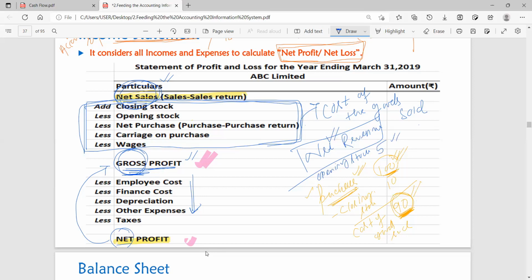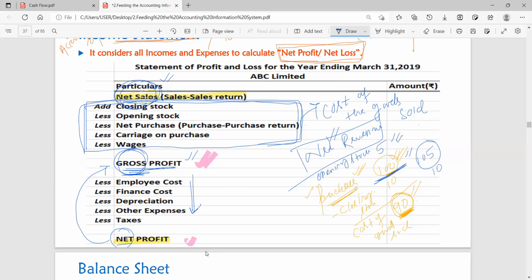Now we purchased 100 worth of goods during the period, let's say a month. So the total cost of goods available for sale is 105: 5 was opening, and we purchased 100 in the period. Let's also assume that at the end of the period, when we check the storeroom, we find the same 10 rupees of closing stock.